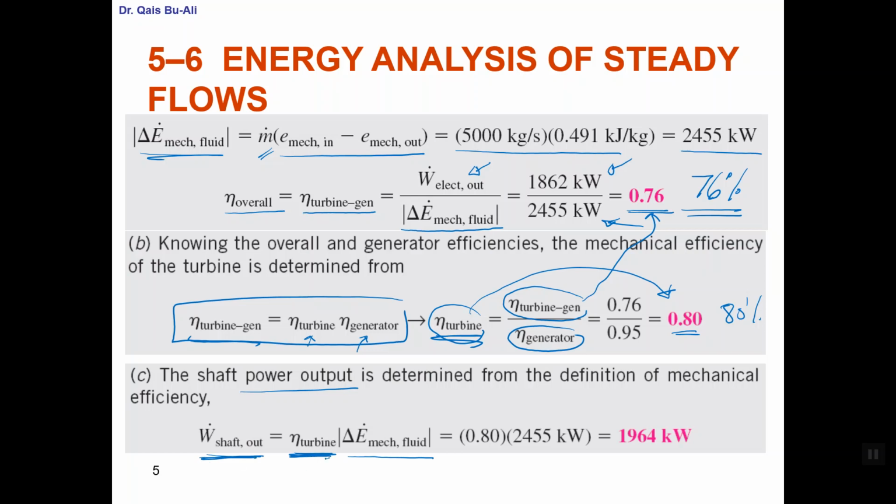W shaft out is equal to the efficiency of the turbine times the magnitude of delta E mechanical of the fluid, which is equal to 0.8, which we got from here, multiplied by 2455, which we got from here at the top. And it seems that this is what I am getting. W shaft out, I am getting 1964 kilowatt. If I ask you to comment on this, you can comment on it as we have done always.